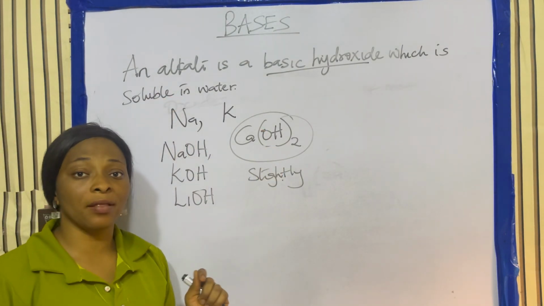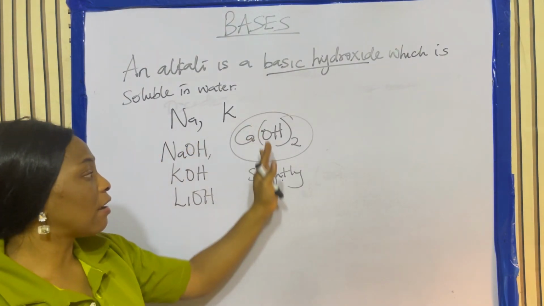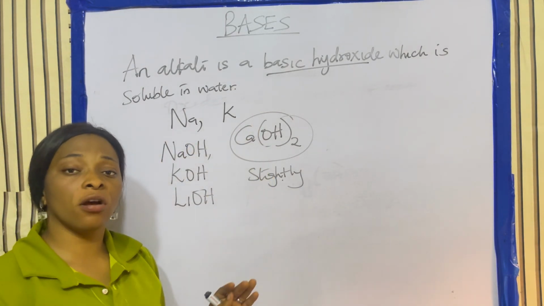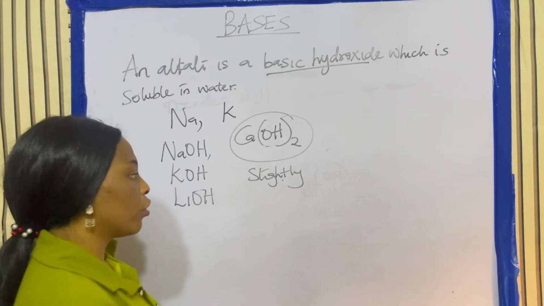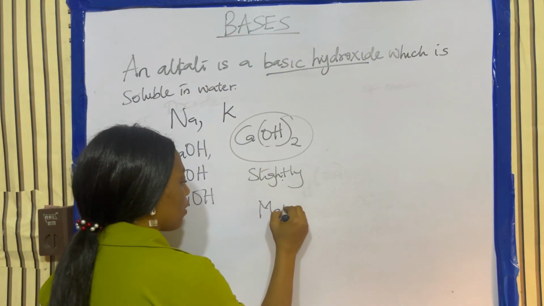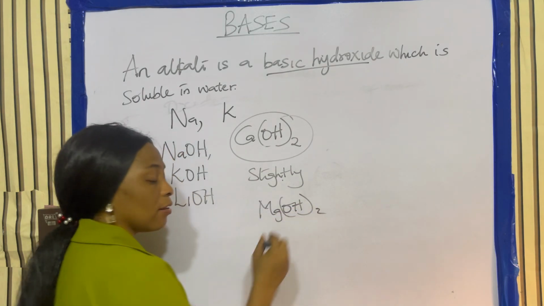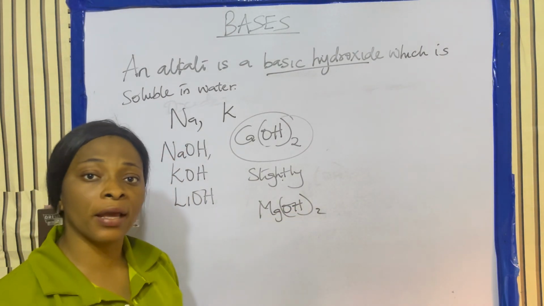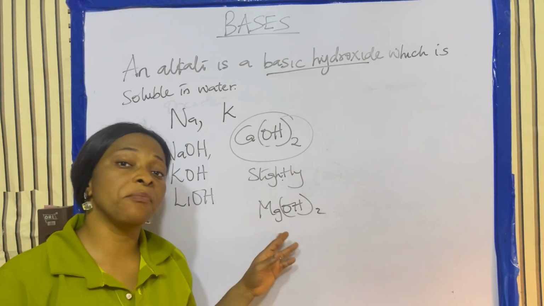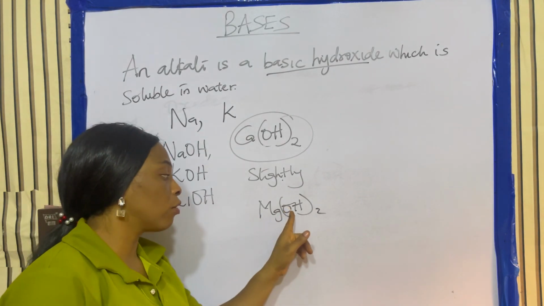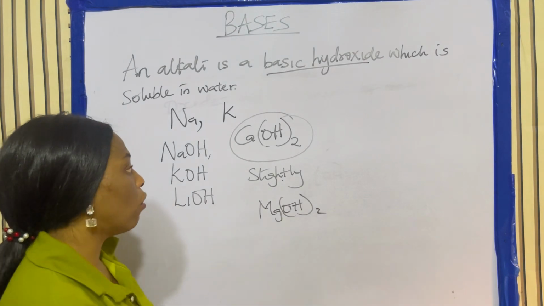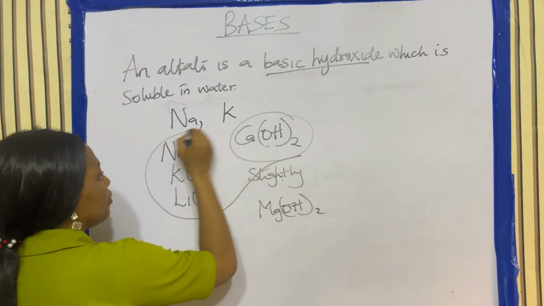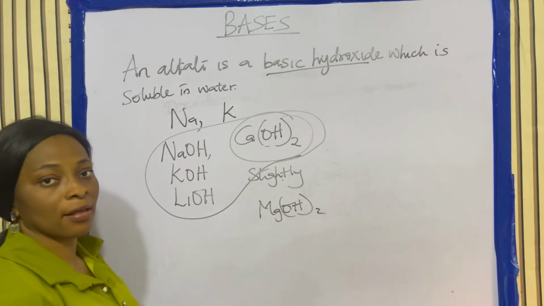Outside these, any other hydroxide you see is not an alkali. For example, magnesium hydroxide is not an alkali because it is not soluble in water. Even though it is a base and has hydroxide, it is not soluble in water. So the only alkalis we have are these and other elements in group 1.